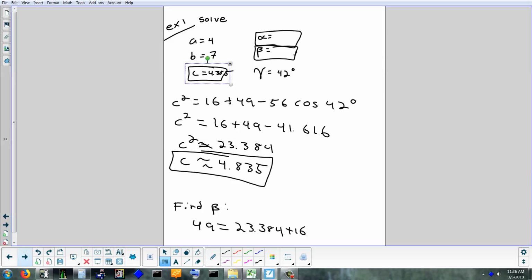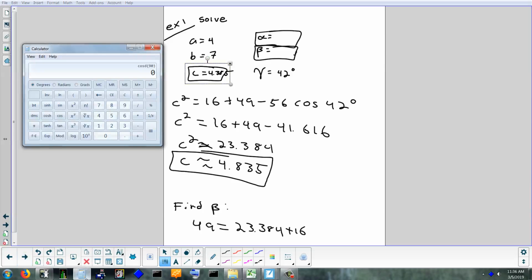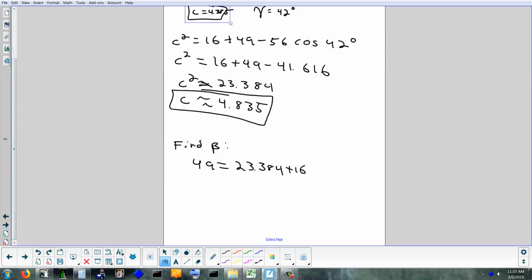I need 8 times 4.835. That gives me 35.08 cosine beta. So B squared, C squared, A squared, 2AC cosine beta.